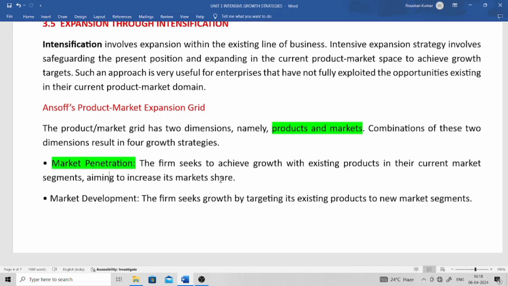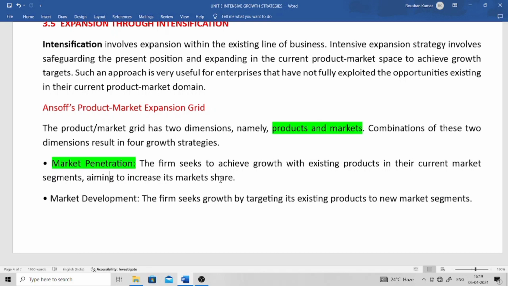So whenever a firm thinks that in the current market there are ample opportunities, if the firm exploits them aggressively, then it pursues a market penetration strategy.